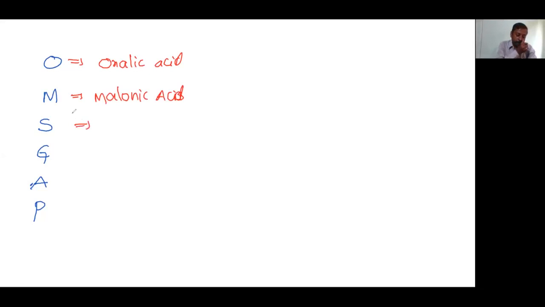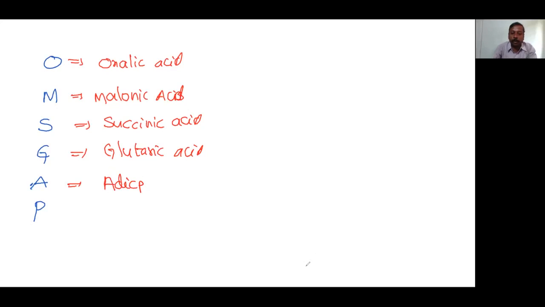S stands for succinic acid. G stands for glutaric acid. And A stands for, very important, this is used in polymerization also, adipic acid.